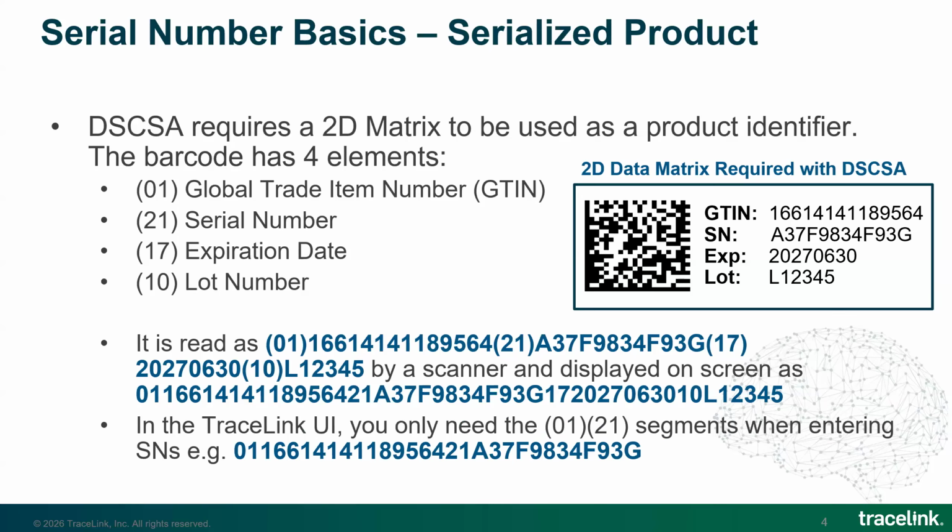Then there's that 21, which is the indicator that this is going to be the serial number, and then your serial number. So you can just enter those first 2 segments to pull up a serial number on screen. So if you're checking the status of a serial number, that's all you need to do. You can't just do the A37. You do need to do a little bit more information.